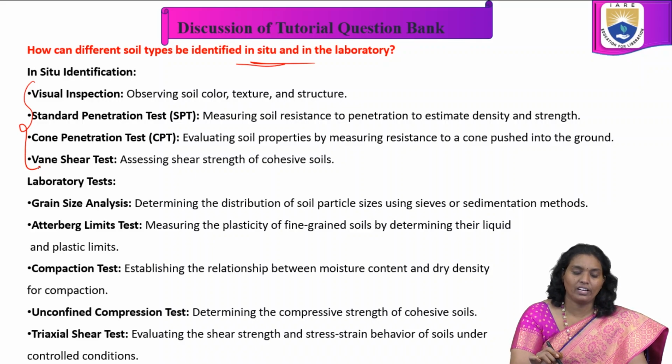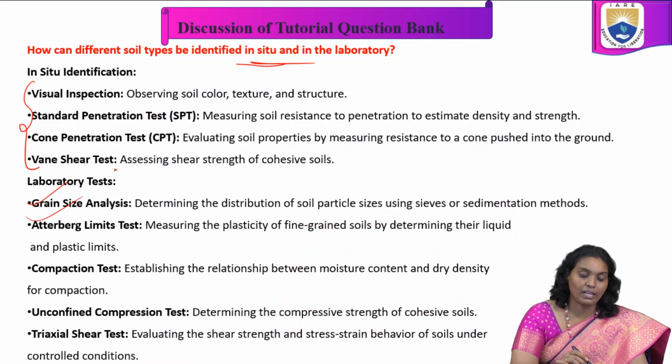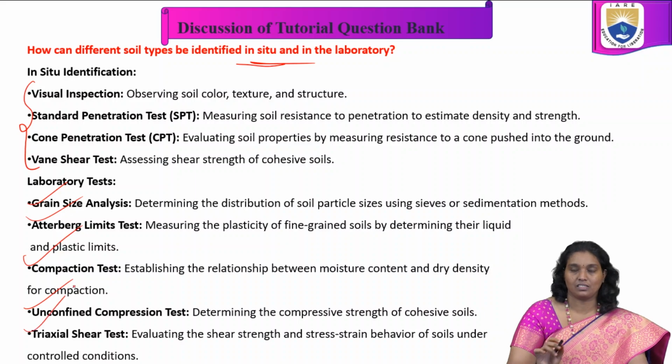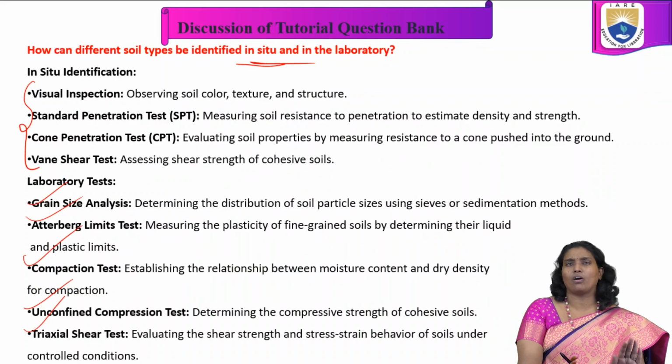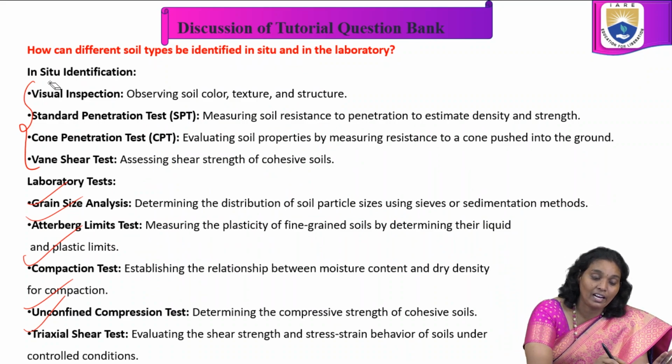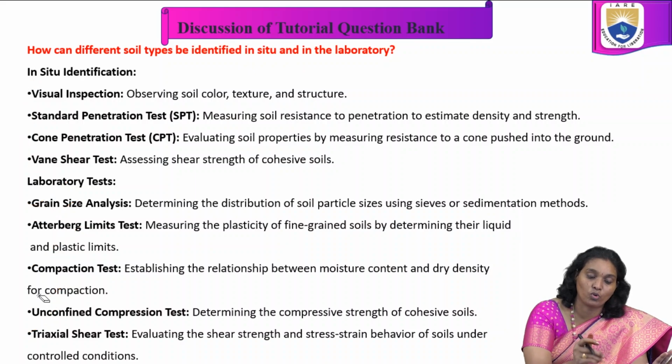Coming to the laboratory tests: grain size analysis, Atterberg limits test, compaction test, unconfined compression test, triaxial shear test. So now coming to these, how can different soil types be identified in the field and in the laboratory? Here I have identified them as per the question.